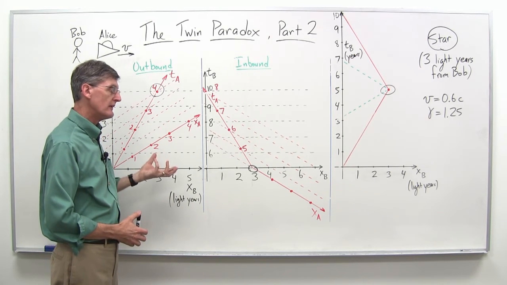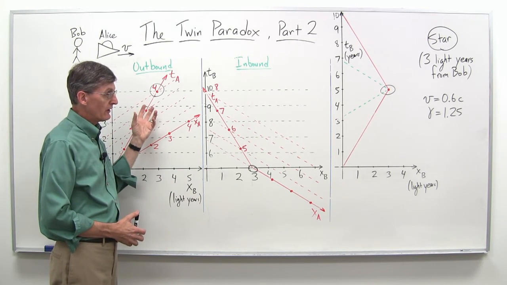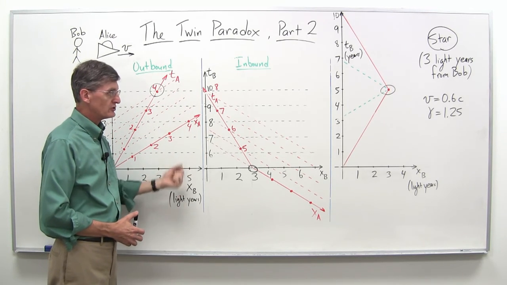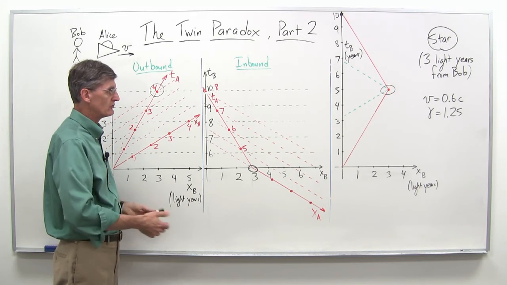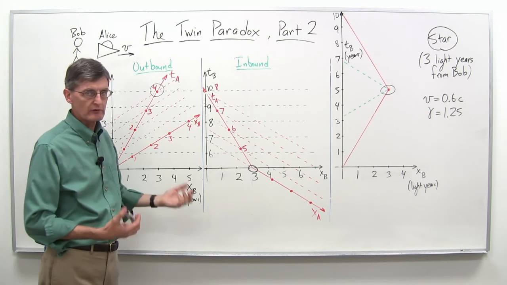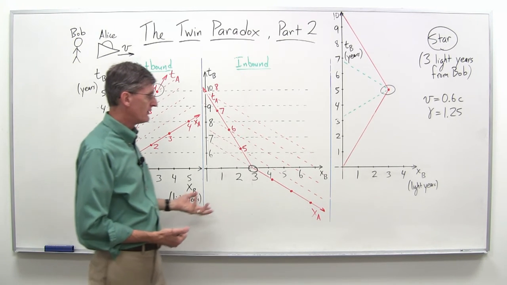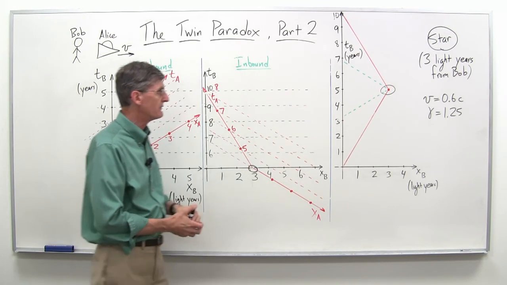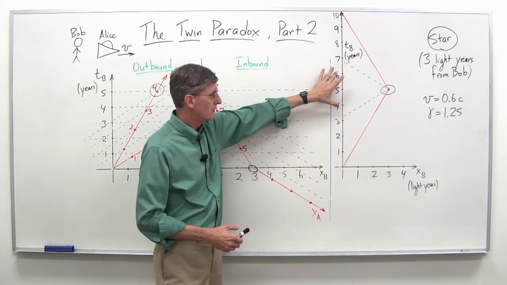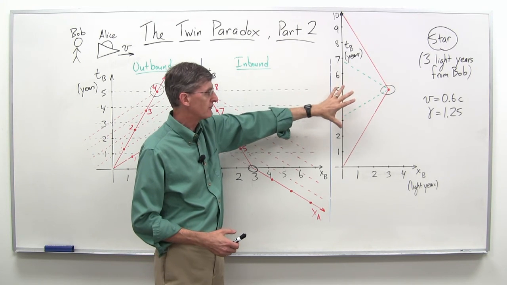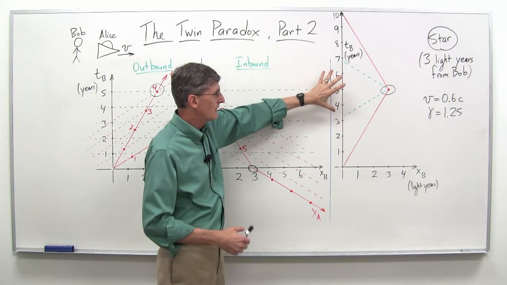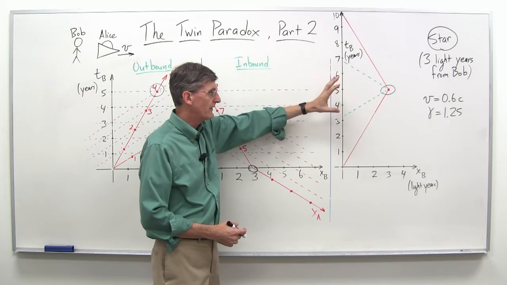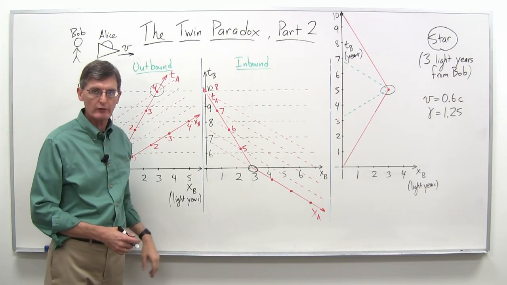What we want to do in the next video clip is do this quantitatively with some of the procedures and machinery we've developed, time dilation and the Lorentz transformation, and see if we can get the numbers to work out. Again, we conclude that there's this jump when Alice changes frame of reference. There's this big jump in the timekeeping as she's observing Bob's clocks, and that's the key to understanding the twin paradox.